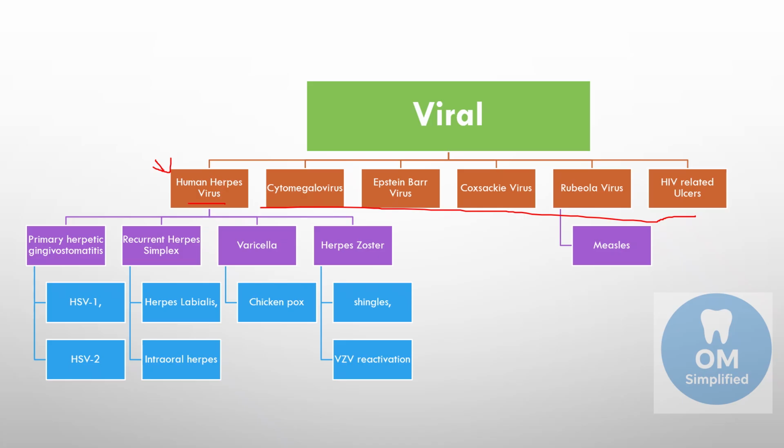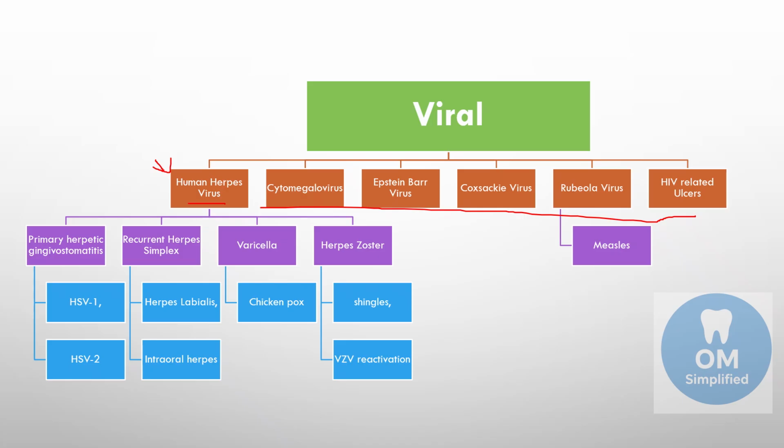Human herpes virus is a double-stranded large DNA virus that stays in the body for life. Once a person is infected with this virus, the virus doesn't go away anywhere. It stays latent in the body and can reactivate when the immune system is weak or under stress.